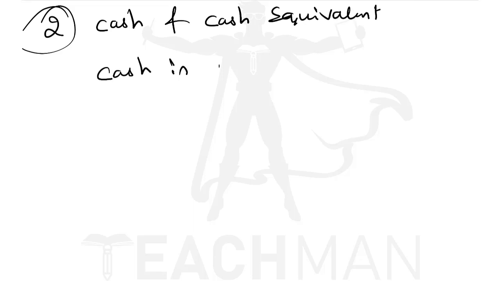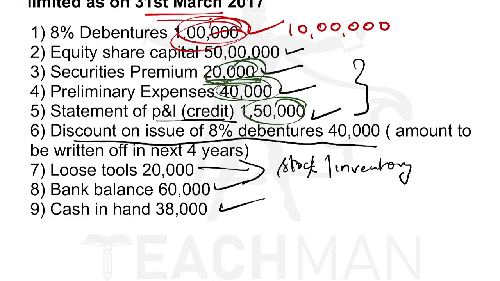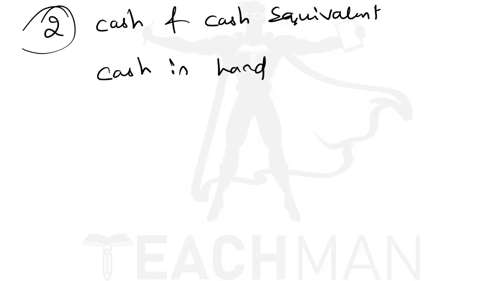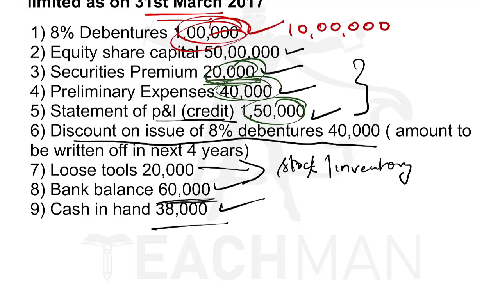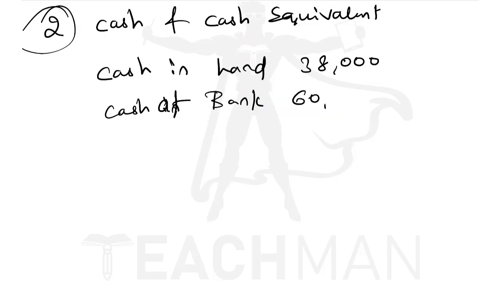Cash in hand is 38,000. Then the bank balance, that is nothing but cash at bank. Cash at bank is 60,000. 38,000 plus 60,000 is 98,000.